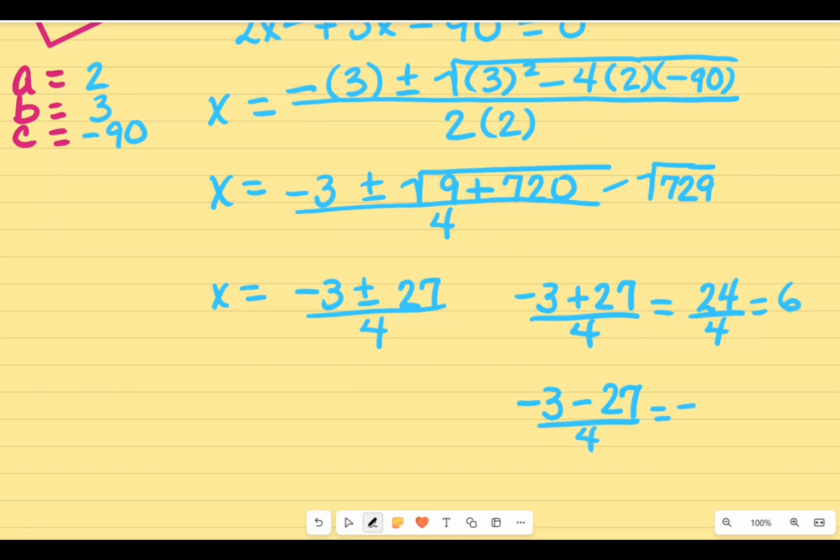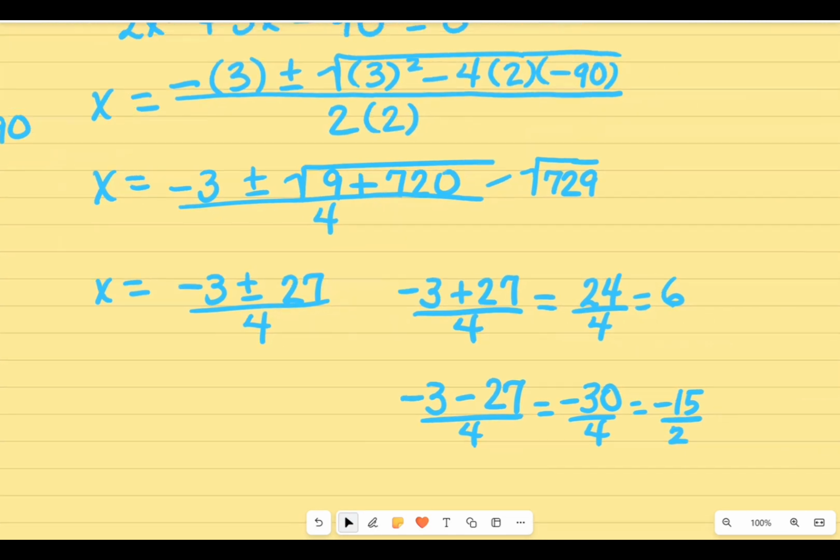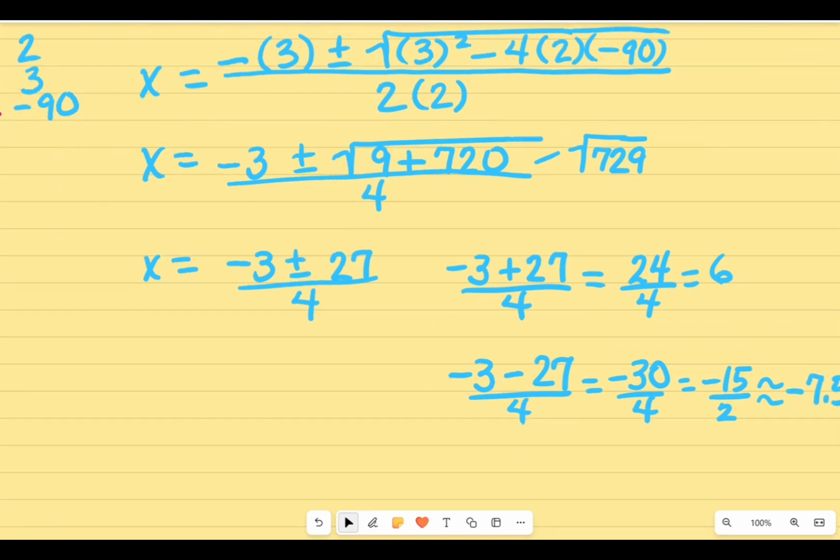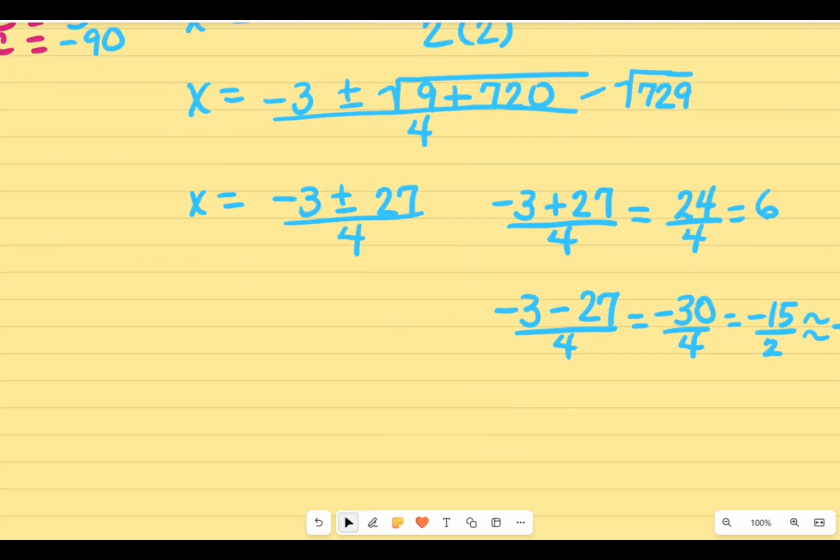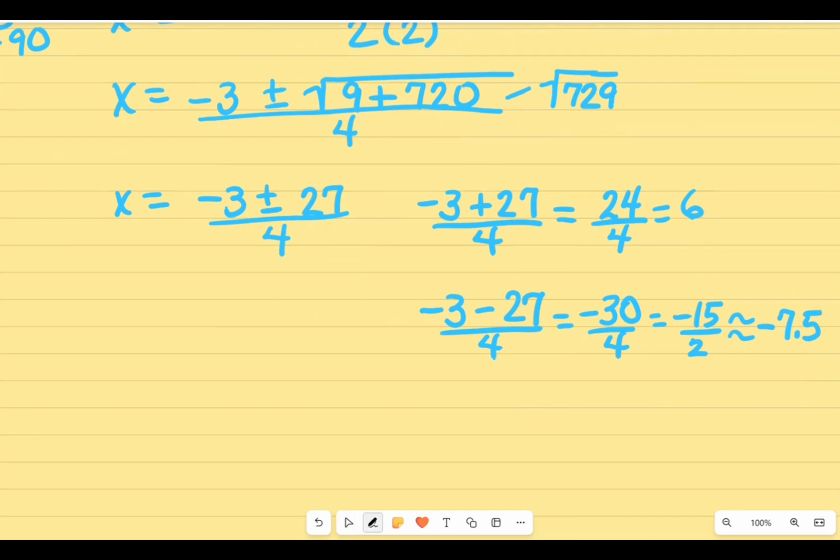So now I have negative 30 divided by 4. In terms of a fraction, I can simplify to negative 15 over 2. And in terms of an actual decimal, it's approximately negative 7.5. So the way I want you to write your answers is going to be x is equal to the set of negative 7.5 and positive 6.